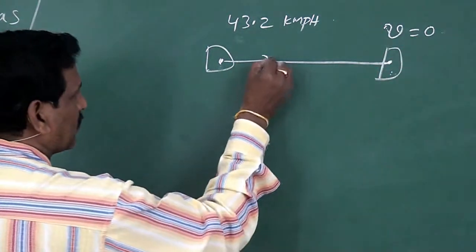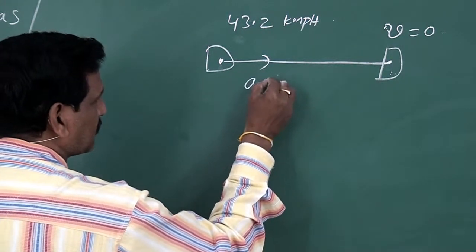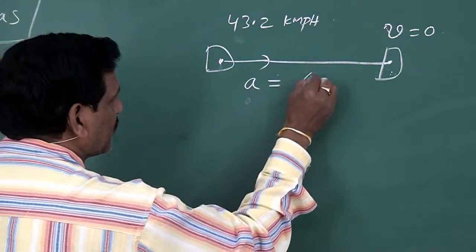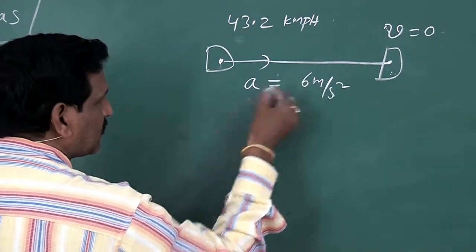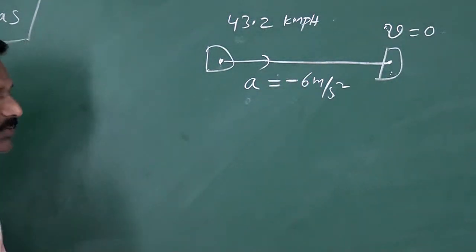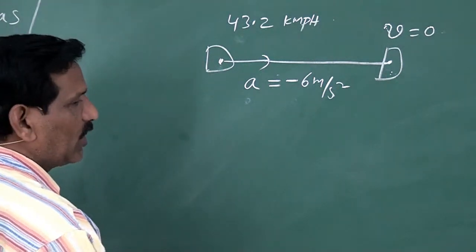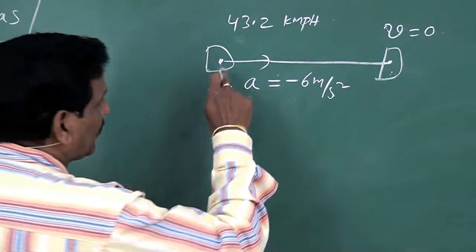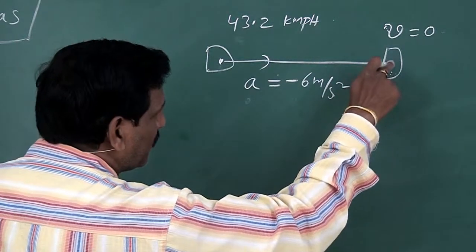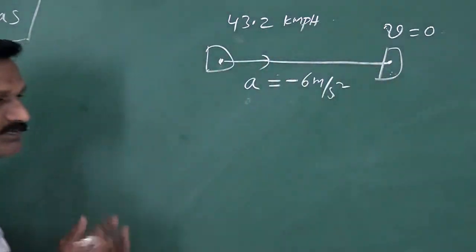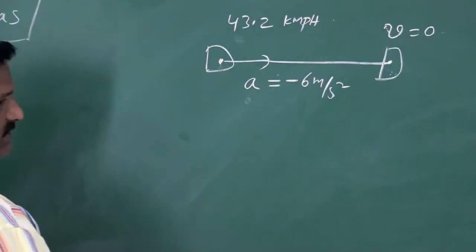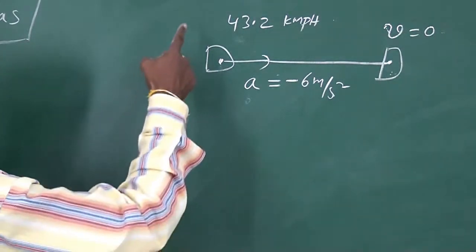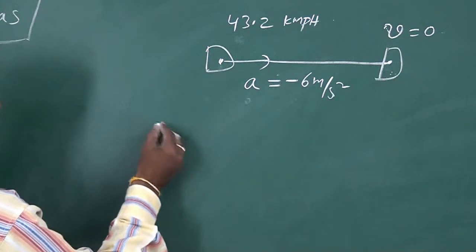And here deceleration is given as 6 meter per second square. Since it is deceleration, acceleration is minus, so a is equal to minus 6 meter per second square. And we have to find the distance travelled before it comes to a stop. So we have to write the data for this journey.